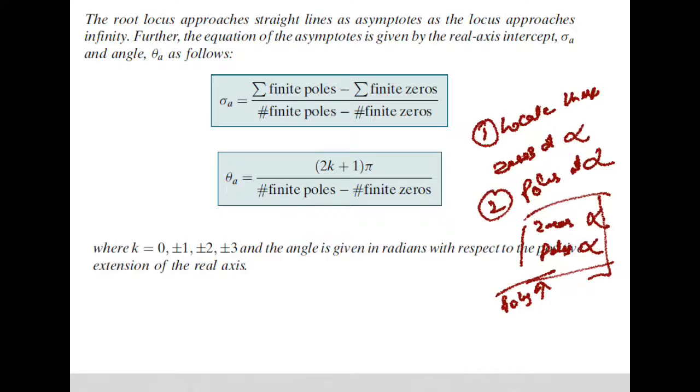In this case, k equals 0, plus minus 1, plus minus 2, plus minus 3, and the angle is given in radians with respect to the positive extension of the real axis. So this is how rule 5 tells us that the root locus approaches straight lines as asymptotes as the locus approaches infinity.